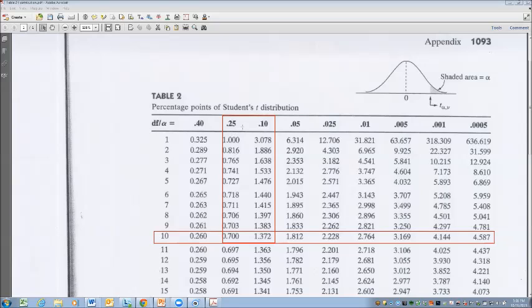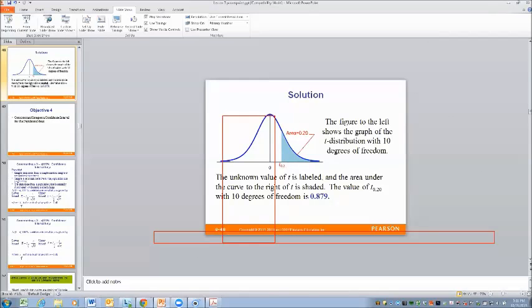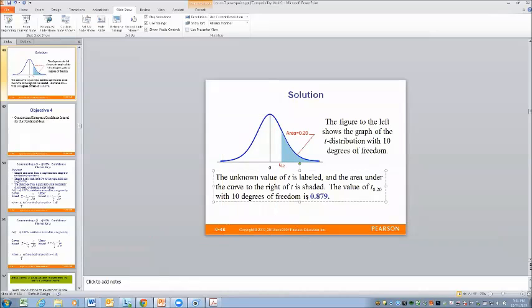If I had a 0.2 there, I'd be able to find it. Because we have a computer-aided program, we can find out that the t-distribution actually has a value of 0.879 when I have 10 degrees of freedom and I want 20% in the tail. So t sub 0.2 would be 0.879.